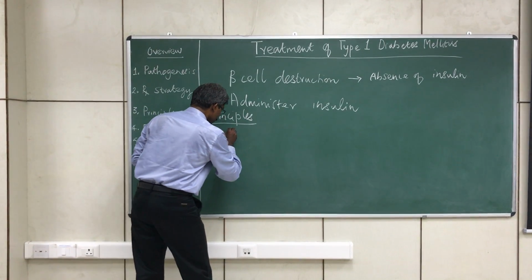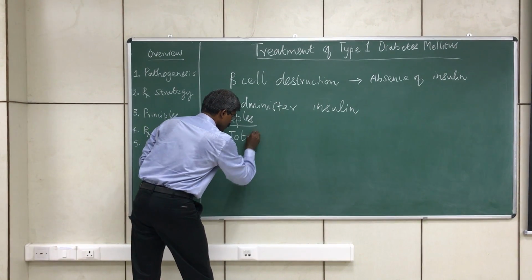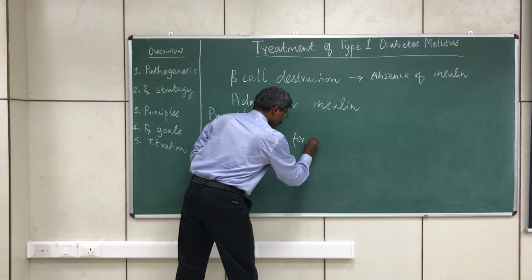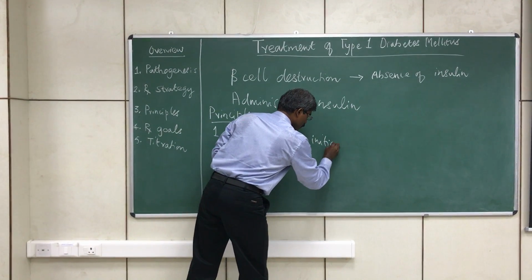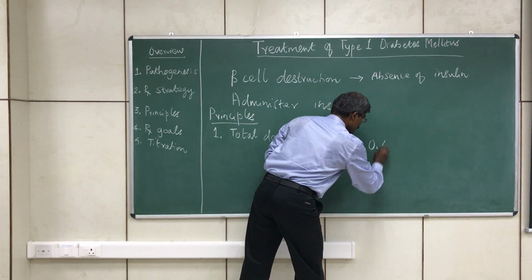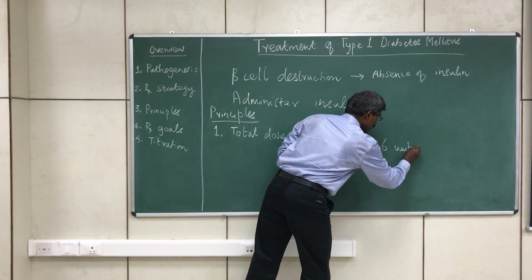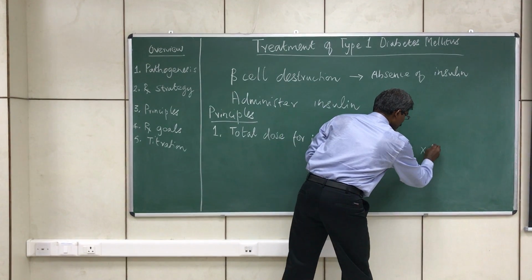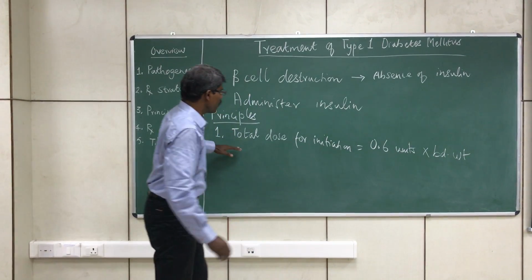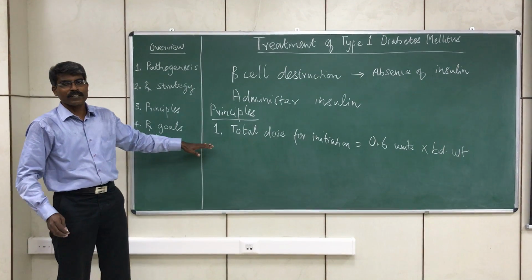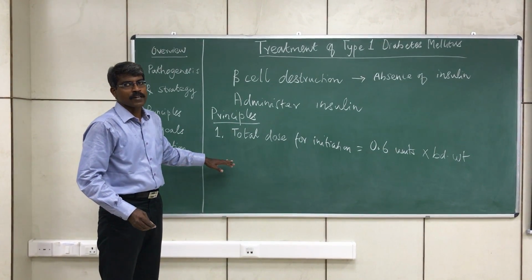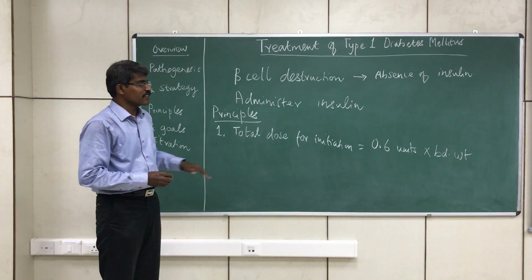The total dose for initiation is equal to 0.6 units into body weight. That's the first principle, which is used to find out the total amount of insulin a type 1 diabetes patient requires for initiating treatment.